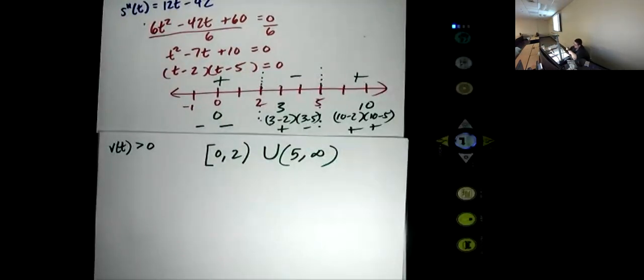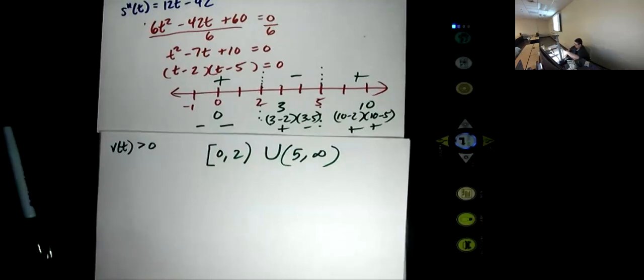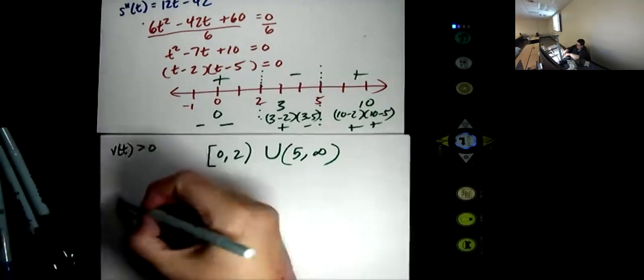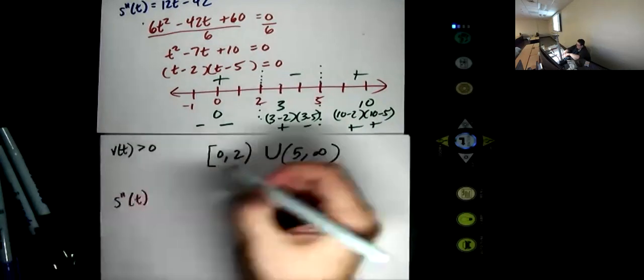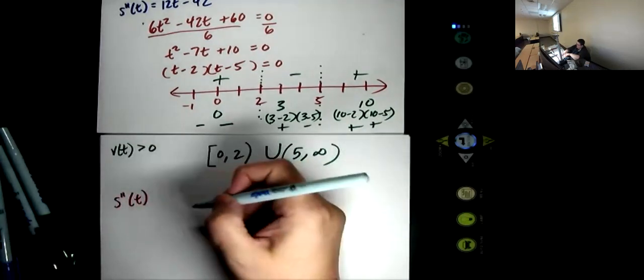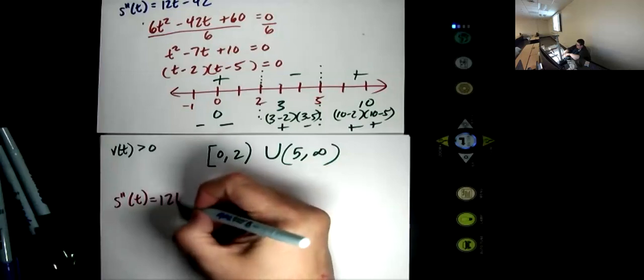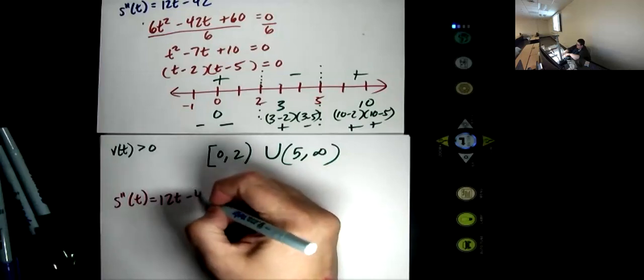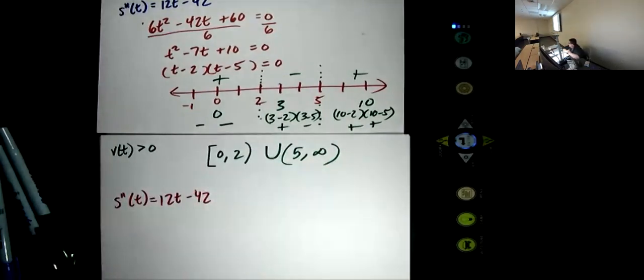What about acceleration? How do I tell when it's speeding up or slowing down? Values for S prime and S double prime.